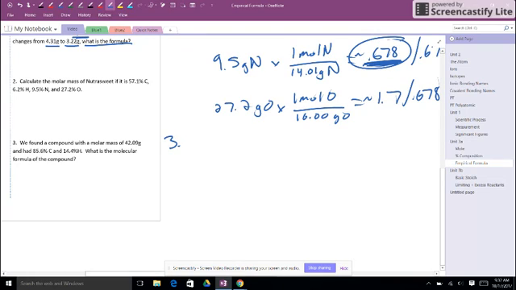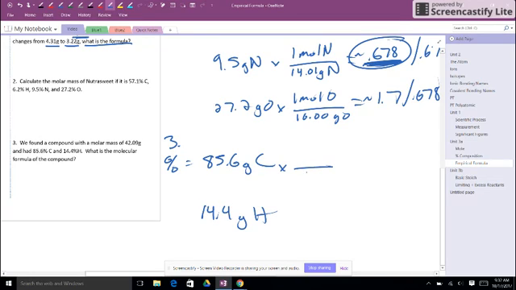If we found a compound with a molar mass of 42.09 grams, that's the molar mass of the molecular formula, and it had 85.6% carbon and 14.4% hydrogen, what's the molecular formula for the compound? So let's start by turning the percentages into mass. We have 85.6 grams of carbon in that 100-gram sample, and we have 14.4 grams of hydrogen.